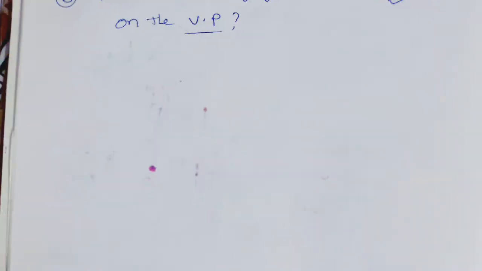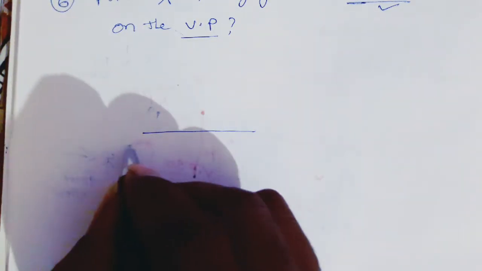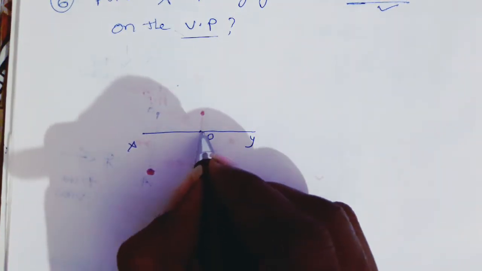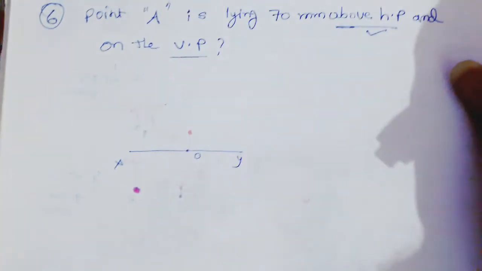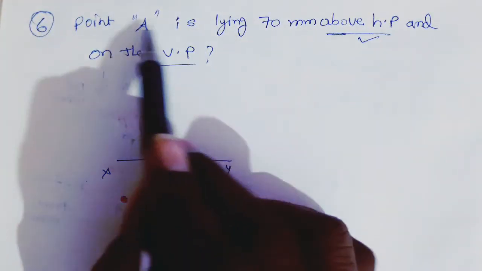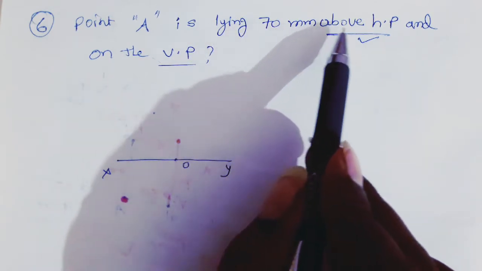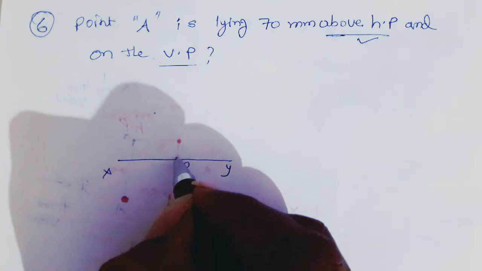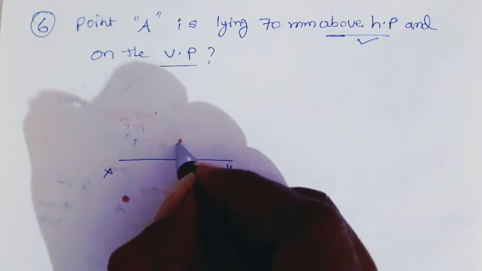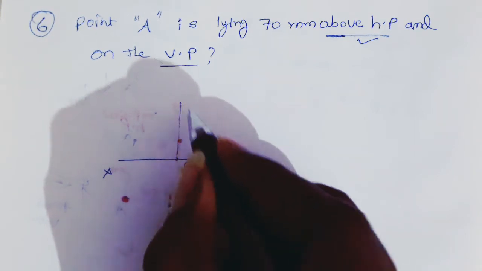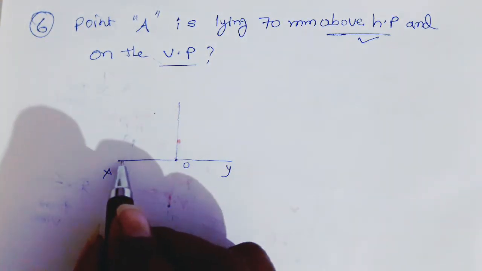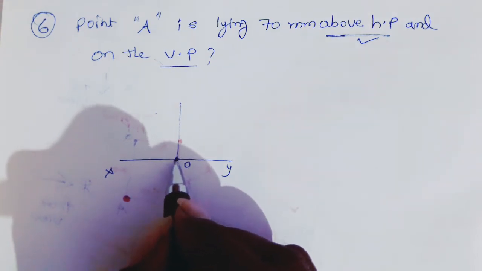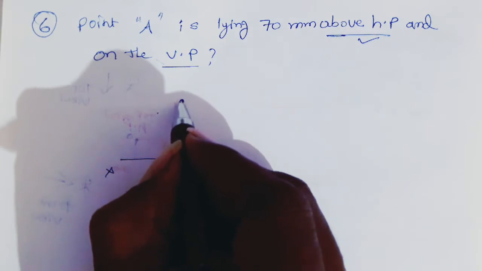See, XY I am marking as O, this point. Okay, next, point A is lying 70 mm above HP. Above HP, nothing but you have to show the position of your point above the XY reference line up to 70. On the VP, nothing but you have to show the position of your point on the XY reference line here and here.